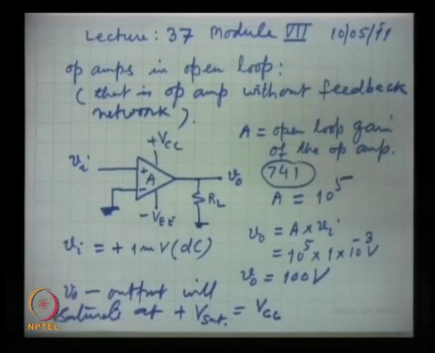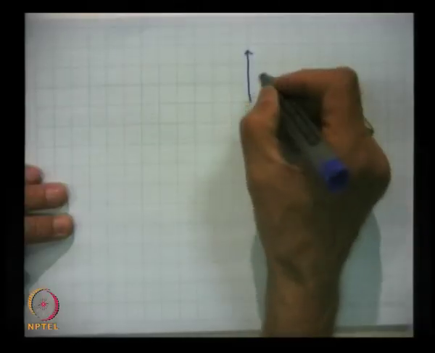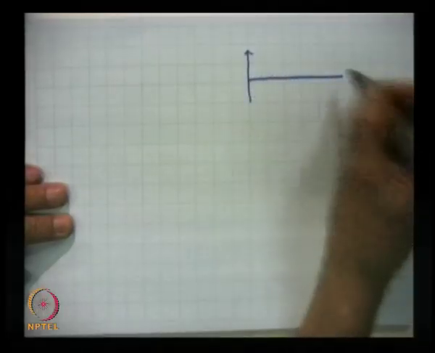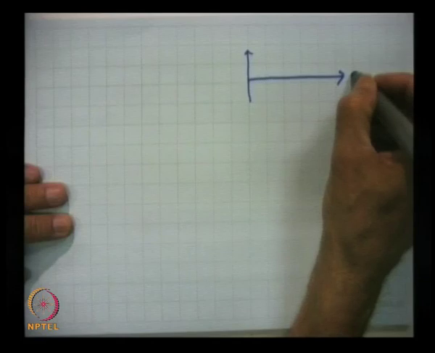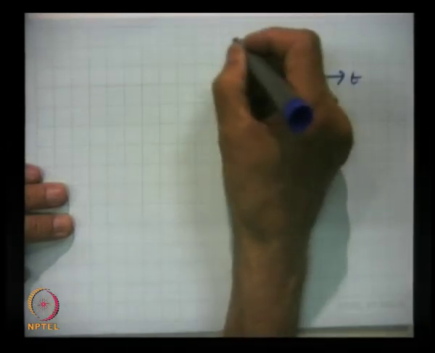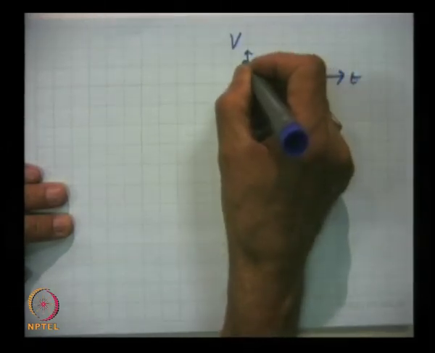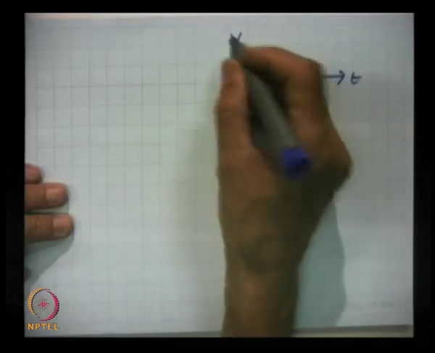So, it will saturate. What we will get with the non-inverting signal, the output will be like this. This is time, this is voltage, and this is V sat.